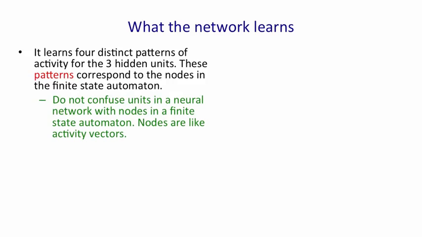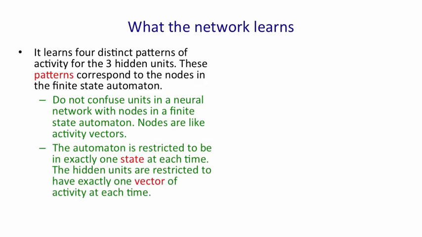The nodes in the finite state automaton correspond to the activity vectors of the recurrent neural network. The automaton is restricted to be in exactly one state at each time. And similarly, the hidden units are restricted to have exactly one activity vector at each time in the recurrent neural network.